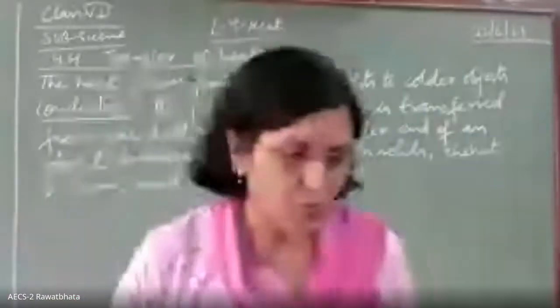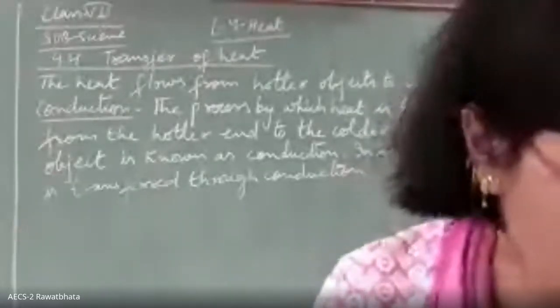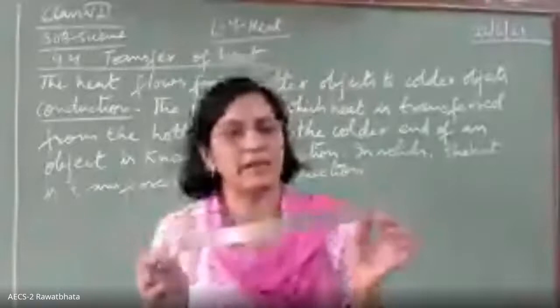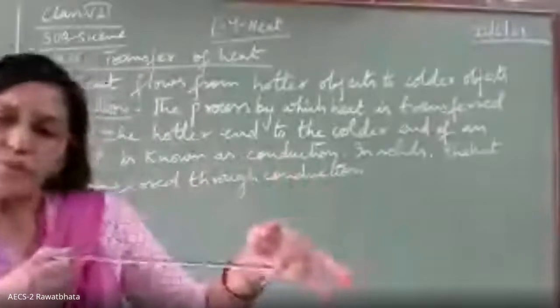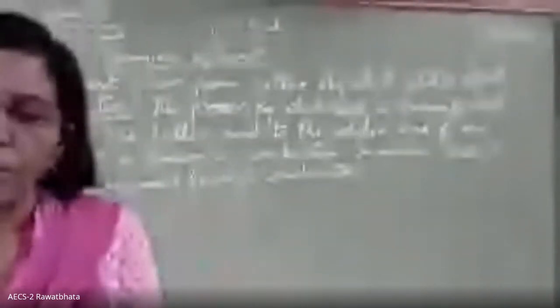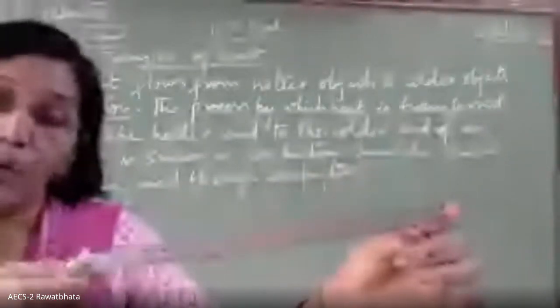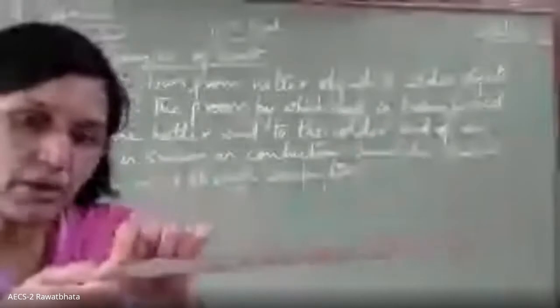See, if I am holding a spoon or a metallic scale in my hands, and if I touch one end of this scale on a flame, what will happen is, I am heating one end of the scale, the metallic scale, but after some time I can feel the heat at this corner also.